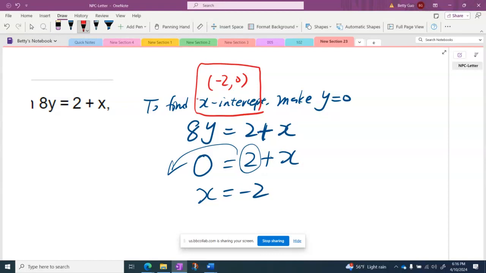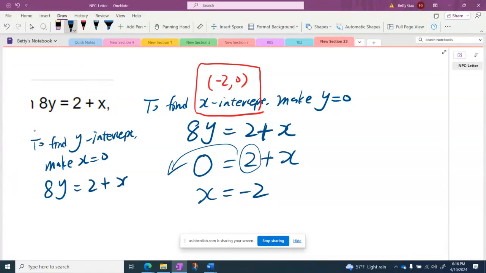X-intercept is -2, 0. We find the value of x by making y be 0. And this pair is the x-intercept. And to find the y-intercept, we make x be 0 in the equation. The equation is 8y equals 2 plus x.